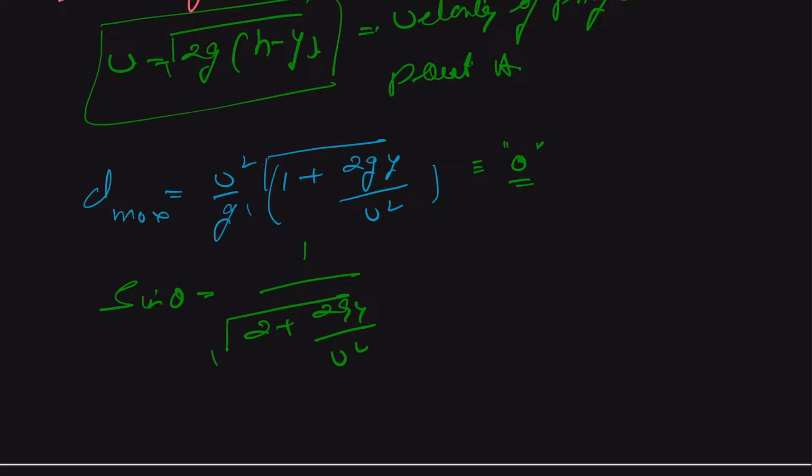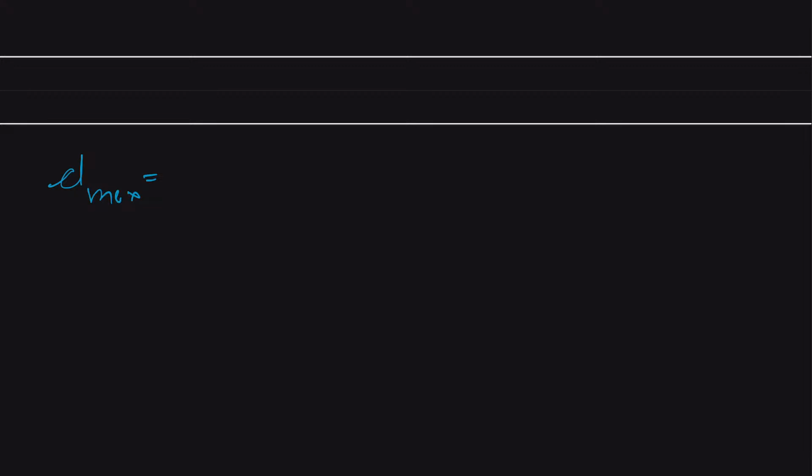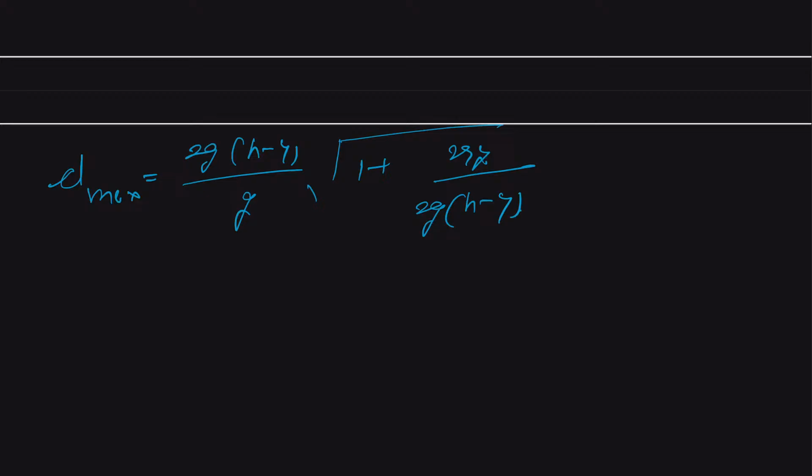Okay. And in the first part also the velocity was given as v, but here we have already calculated that the velocity is governed by this particular equation. So we can modify our d max, which is equal to 2g(h minus y) upon g, times the square root of 1 plus 2gy over 2g(h minus y).